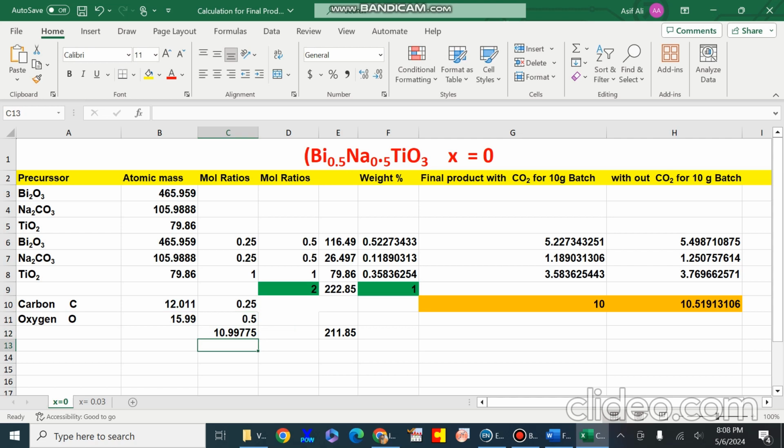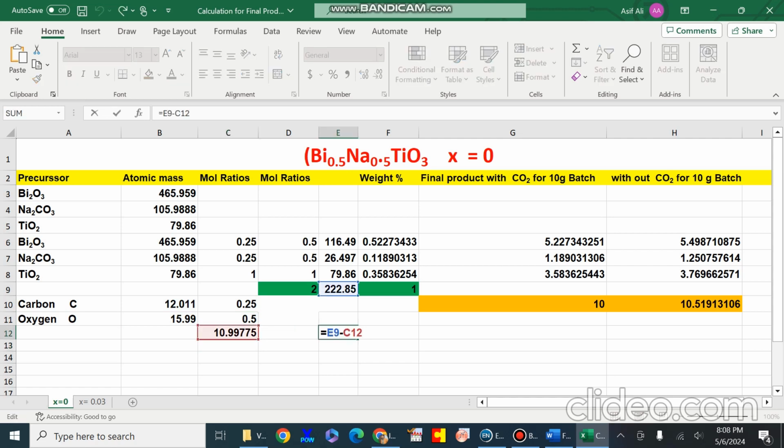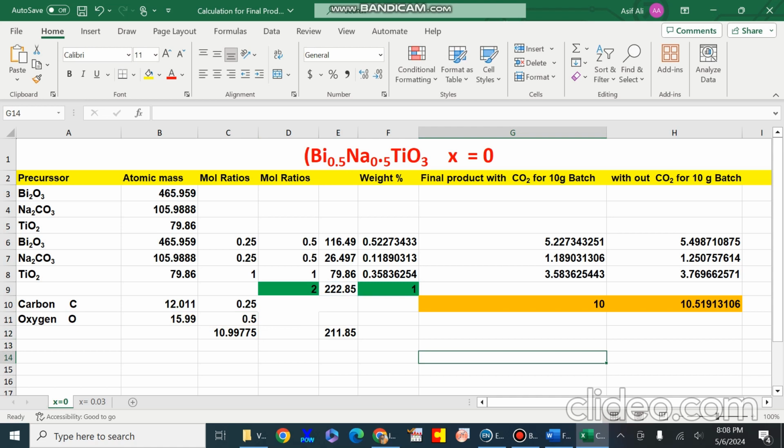So if you wish to calculate the batch without carbon dioxide, then you can simply subtract the carbon dioxide mass from the total formula mass. And this is the final batch calculation without carbon dioxide.